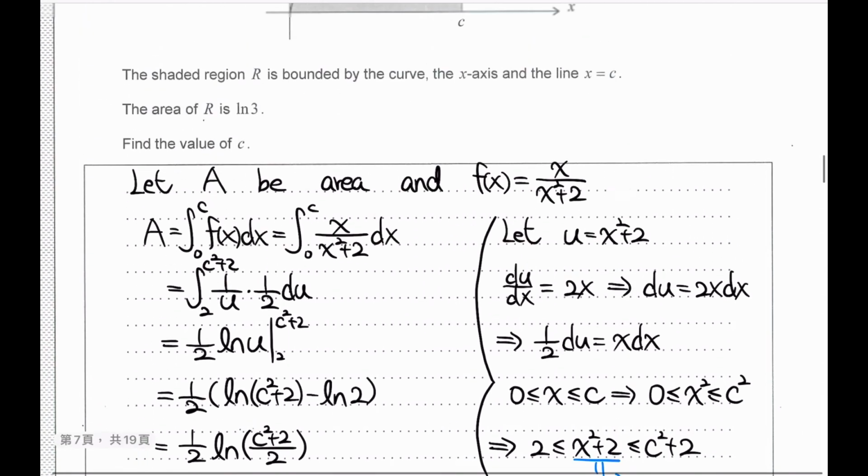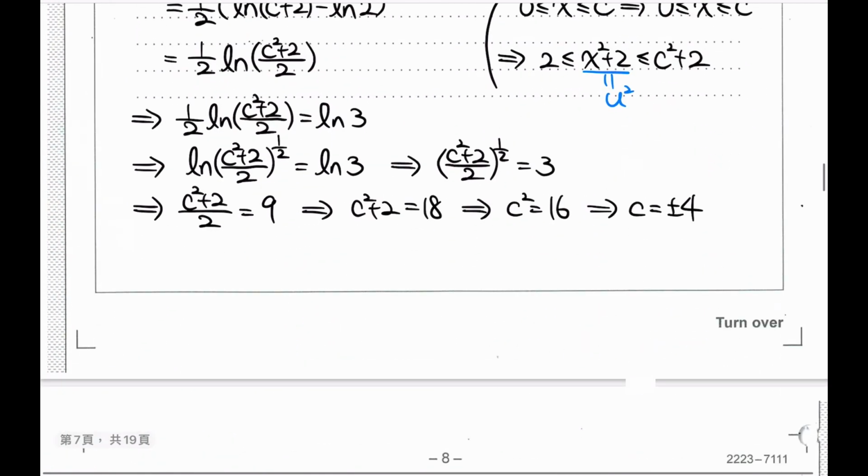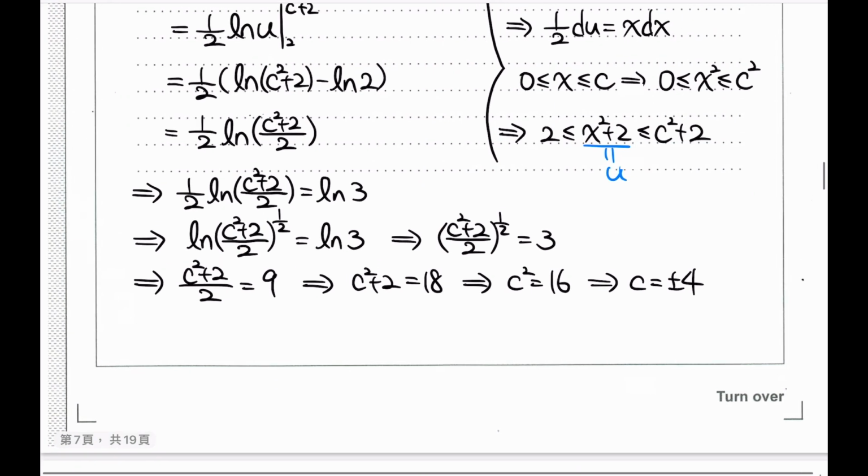However, from the diagram above, we see that c must be positive. So there is only one choice, that is c is equal to 4. So this is the answer for question 4.